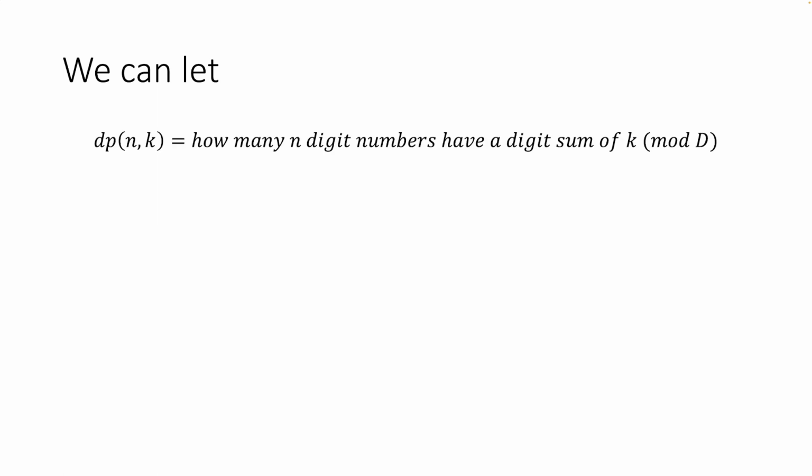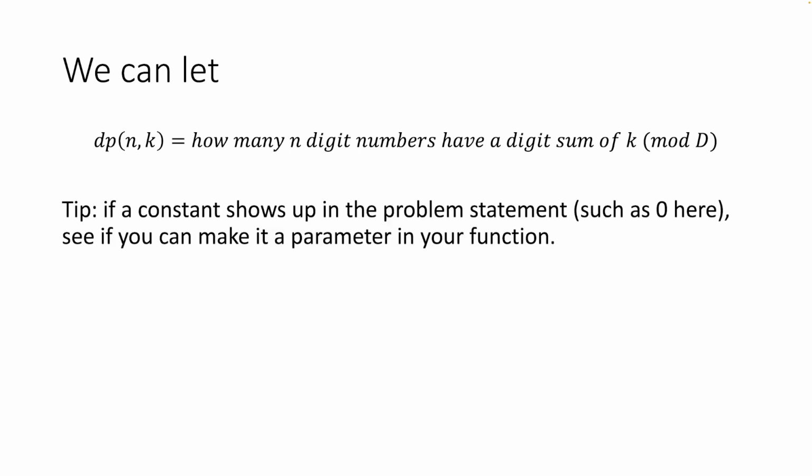We can let dp of n and k be equal to how many n-digit numbers have a digit sum of k modulo d. And here's a pro tip. If a constant shows up in the problem statement, such as 0 here, then see if you can make it a parameter for your function. We did that with k here. So basically, we generalized the 0 to a k.